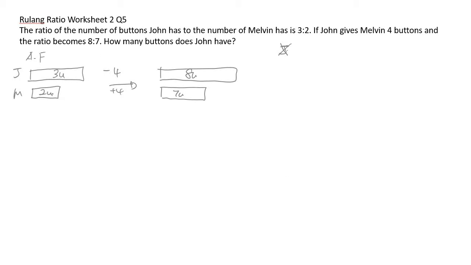Then what about Melvin? At first it's 2 units, then 7 units. Yes, it's changed. It really changed because there is an addition of 4 buttons from John. So I cannot use Melvin as a clue either.